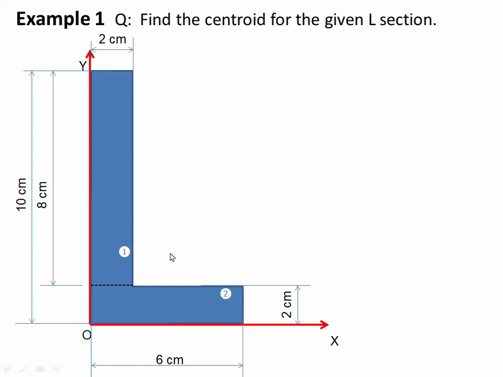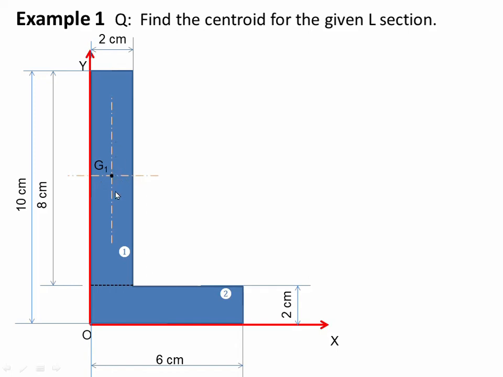Now the third step is to mark the center point for these individual simple planes, for the first rectangle and second rectangle. For the first rectangle, the width is 2 centimeter, so the center point will come at 1 centimeter. Similarly height wise it is 8 centimeter, so the center point will come at 4 centimeter here. And draw the axis on the center point.